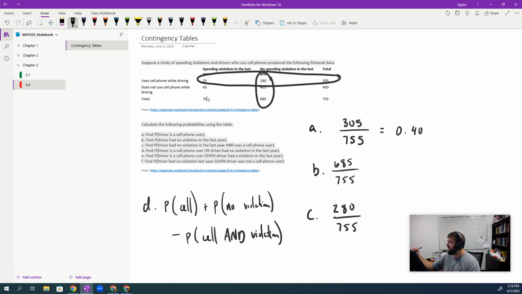In particular, if you have the probability of A or B, it's the probability of A plus the probability of B minus the probability of A and B, because otherwise we end up double counting something. Let me write that with "and," not the intersection symbol. Sorry, my headphone fell out.